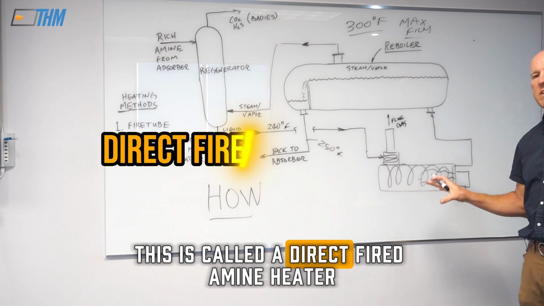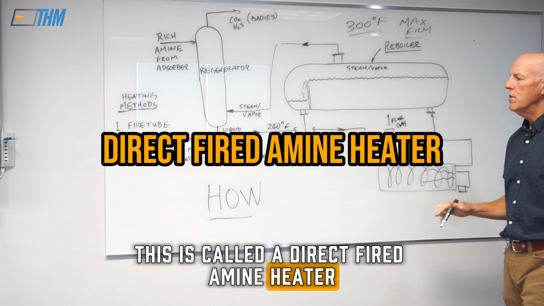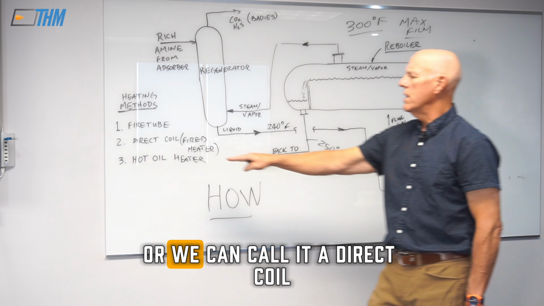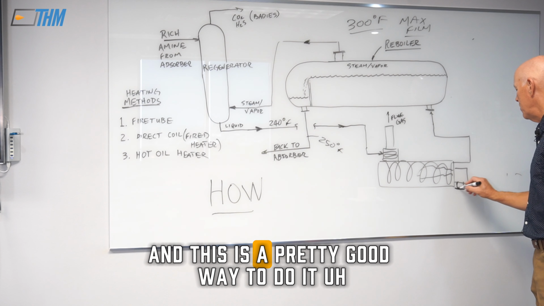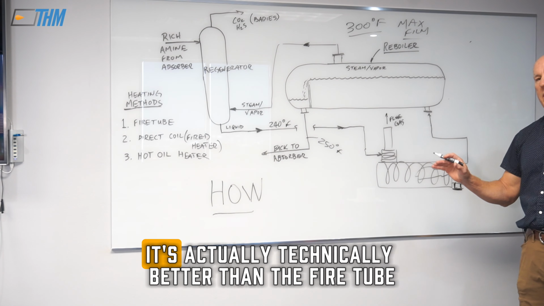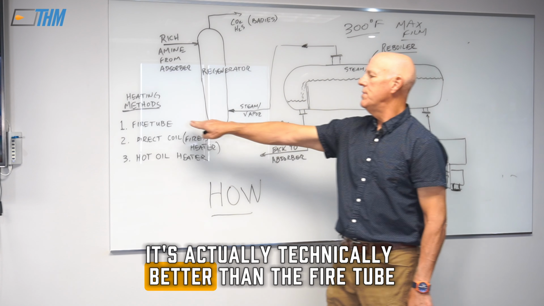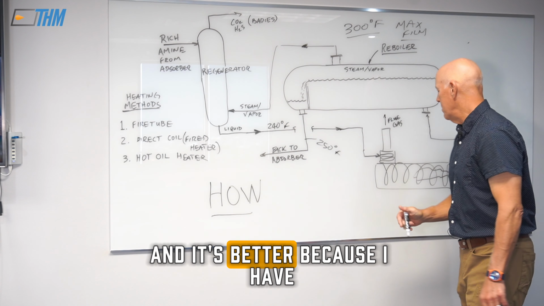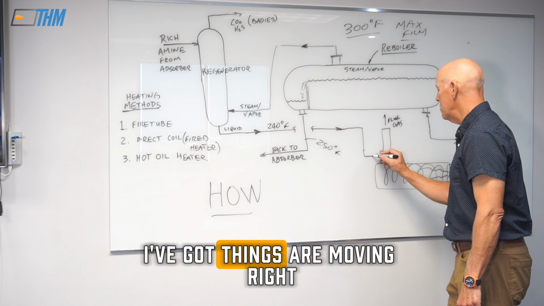This is called a direct fired amine heater, or we can call it a direct coil, just to make it more clarified for you. And this is a pretty good way to do it. It's actually technically better than the fire tube, because I've got things moving.